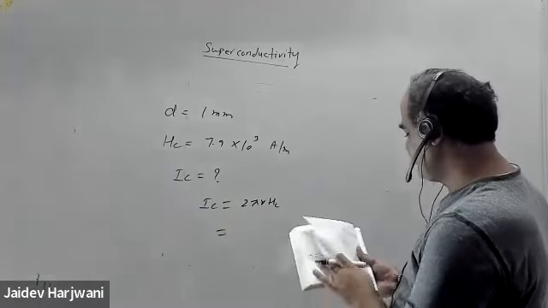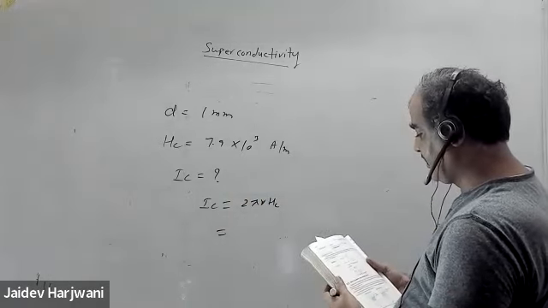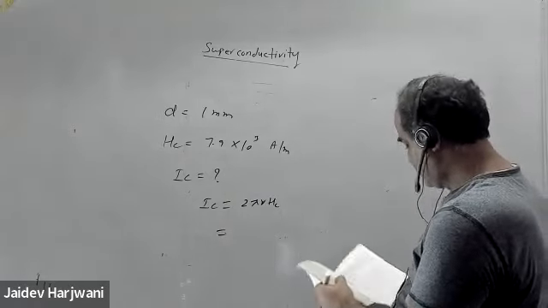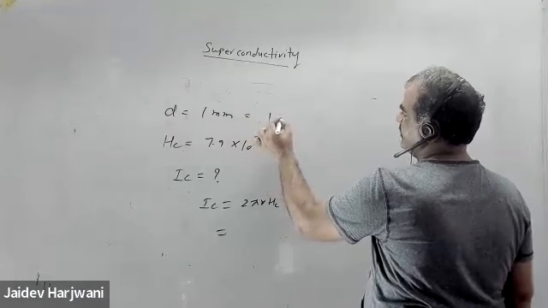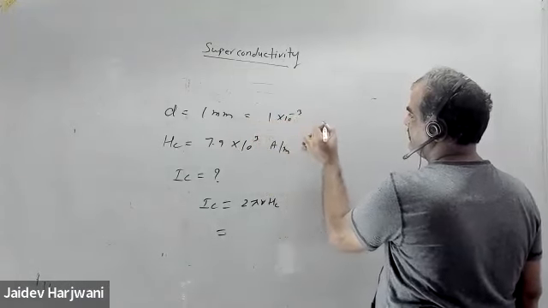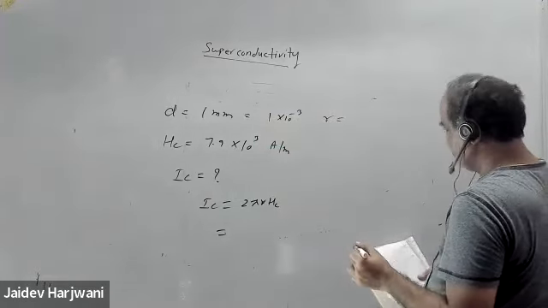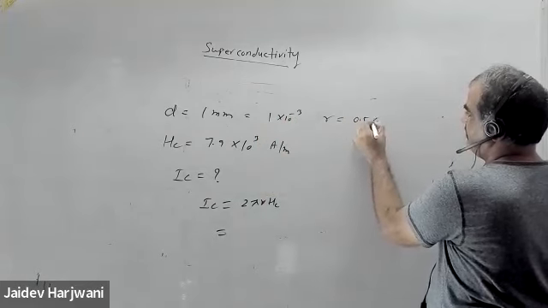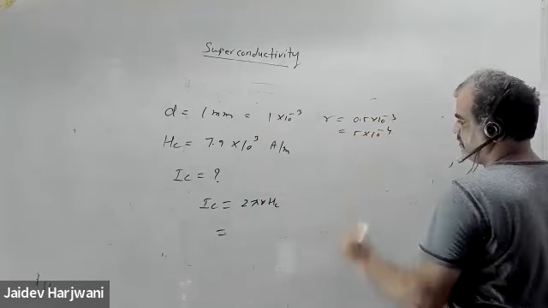Diameter is given 1 mm. Okay. So 1 mm को कर लो मीटर में कन्वर्ट. डायमीटर देखा तुमको रेडियस निकालना है पहले तो. So diameter is 1 mm, 10 to the power -3. So R क्या हो जाएगा? R हो जाएगा 0.5 into 10 to the power -3, or 5 into 10 to the power -4.